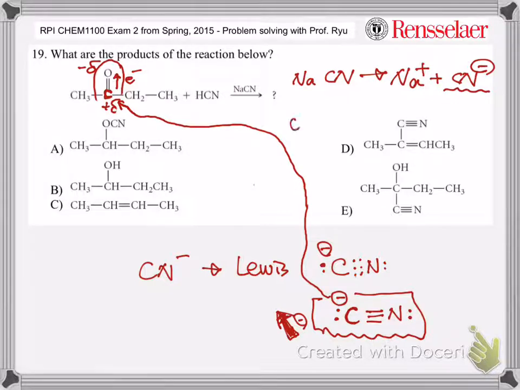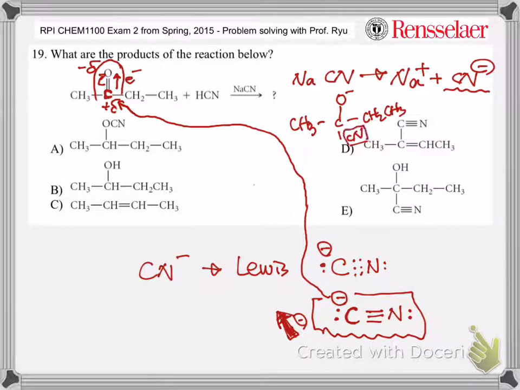You have made CH3C with a CN attached on this side, and because the electrons are being pushed, the ketone oxygen became O minus, and eventually it becomes protonated, and the rest stays the same, CH2, CH3.